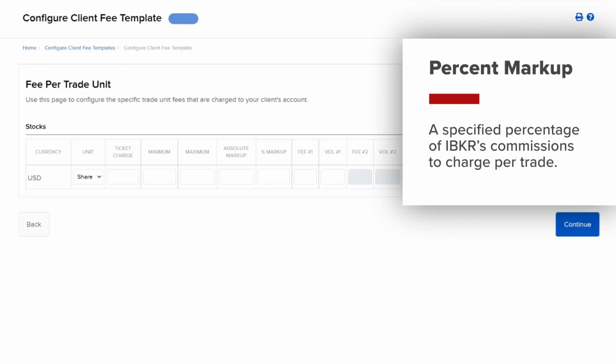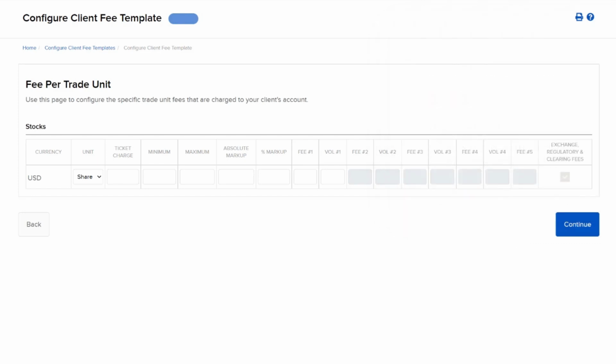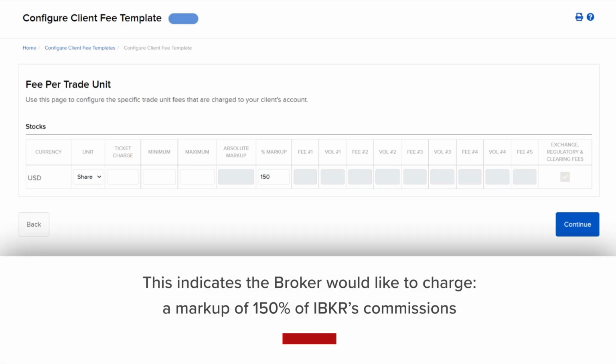Percentage markup allows brokers to specify a percentage of IBKR's standard commission to charge per trade. Percentage markup is entered as a percentage without the decimal point. For example, the broker enters 150 in the percentage markup column for US dollar stocks for an individual client, which indicates that US dollar stock trades will carry a markup of 150% of IBKR's commissions.